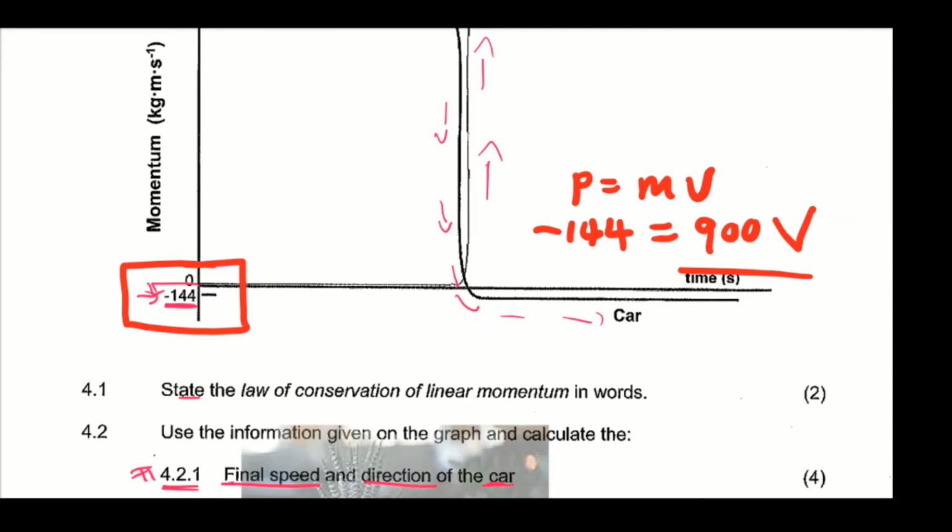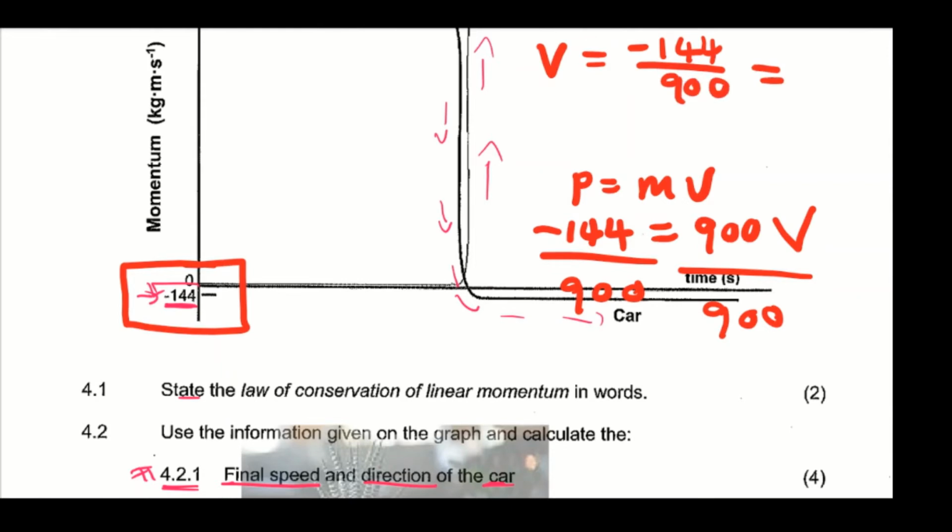Then we divide both sides by 900. So the velocity of the car is equal to minus 144 over 900, and the answer is minus 0.16 meters per second.